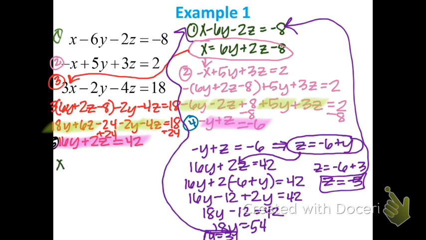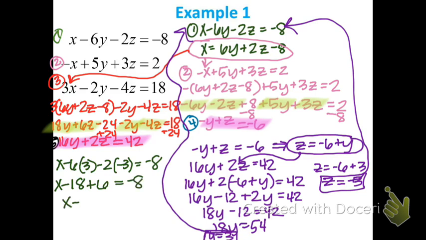I have x minus 6 times 3 minus 2 times negative 3 equals negative 8. x minus 18 plus 6 equals negative 8. x minus 12 equals negative 8. Add 12 to both sides, and x equals what?